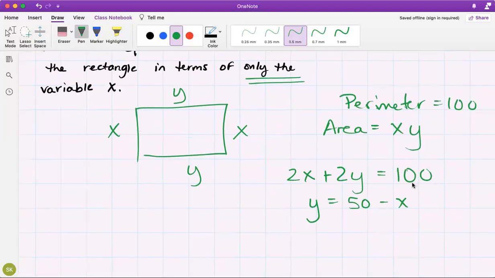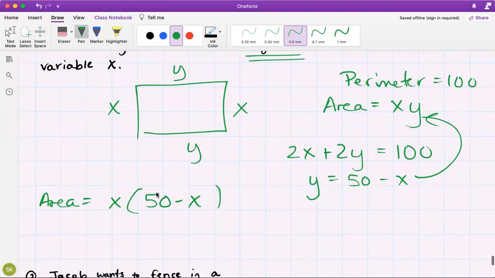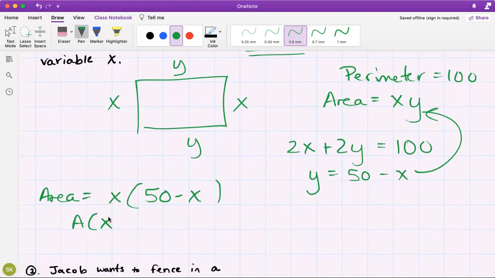And from there, you can plug that y into your area equation. So then the area of x, if you FOIL this out, is negative x squared plus 50x.